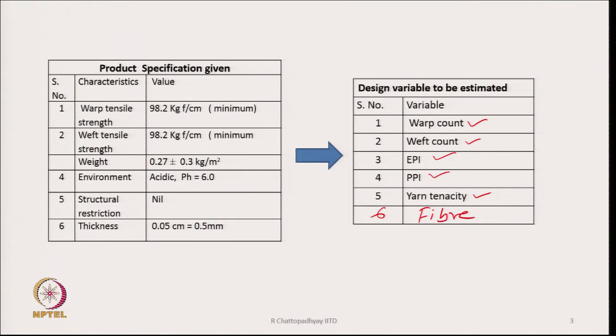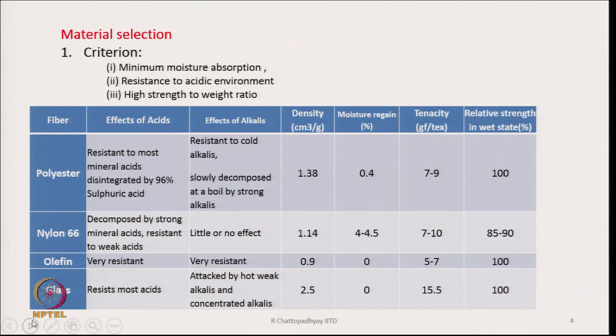Okay. So, let us move forward now. When it comes to material selections, as a designer you need to put in place some of the fibers which you feel suitable based upon the basic minimum information given.